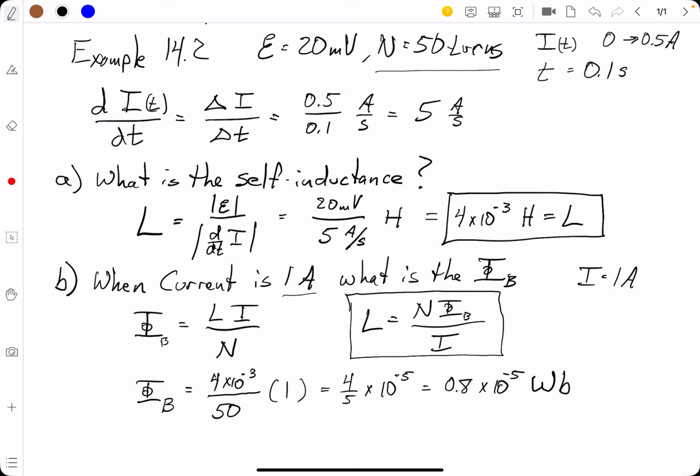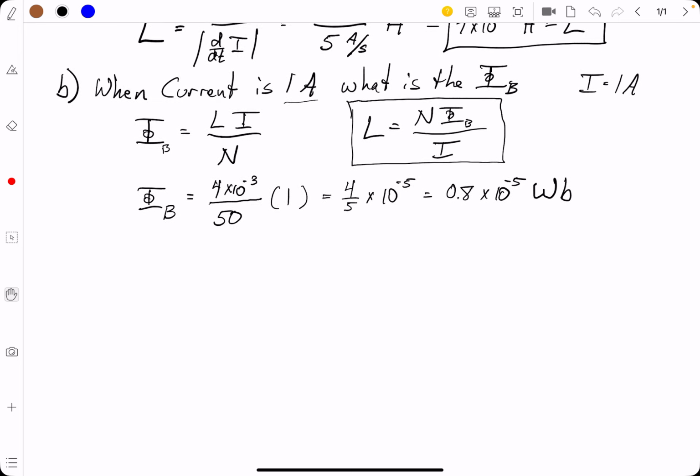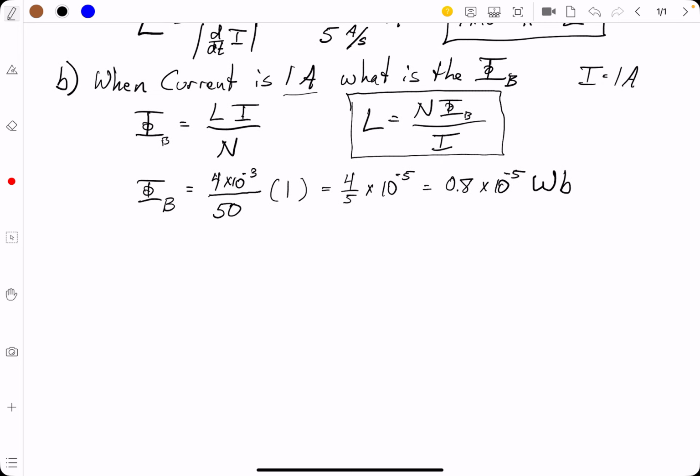Did we get into that at all? Let's talk about Webers just for a second, because I don't remember talking about that with you guys before. So we've got flux. Magnetic flux is equal to our magnetic field times the area. And of course, we're not taking derivatives.